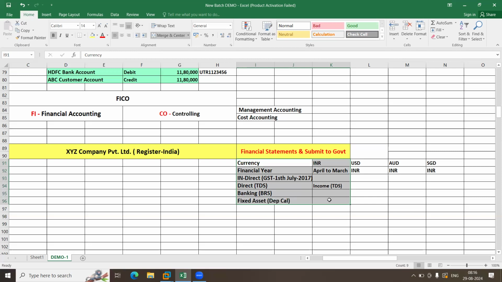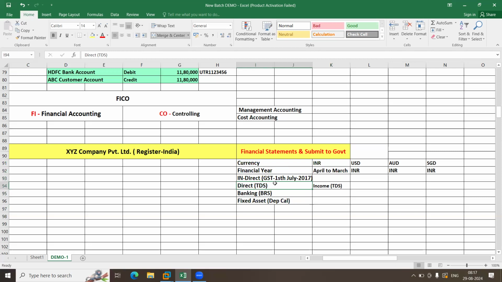You must prepare your financial statement to their country legal requirement, INR. You must follow the financial year or accounting cycle as per their country. You have to prepare end-to-end financials and submit them, and also follow their country taxation: GST in India, different in other countries.